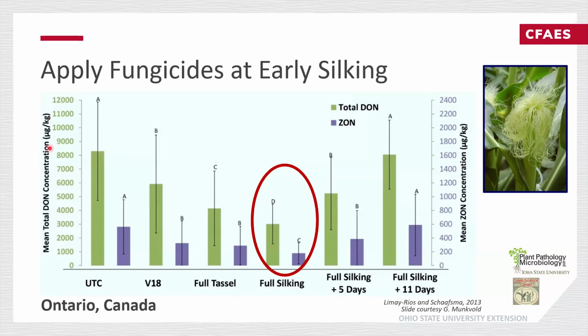So here you can see the labels are slightly different than what we're used to seeing for vomitoxin and DON. So those numbers are going to look a lot higher than our parts per million that we're used to. But the green bar is our total DON accumulation, and the leftmost bar is our untreated control.